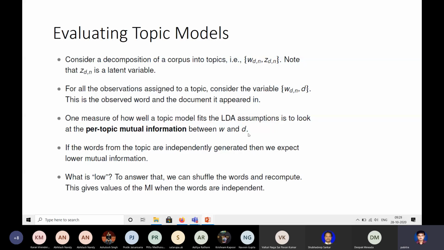These you can compute. The reason evaluating a topic model is important is that, just like clustering, you have to choose the number of topics, say 3 topics or 4 topics. So what is the right choice? What you do is learn a topic model with k equal to 3, again learn with k equal to 4, compare these two and see which is better, and this way choose the right number of topics.